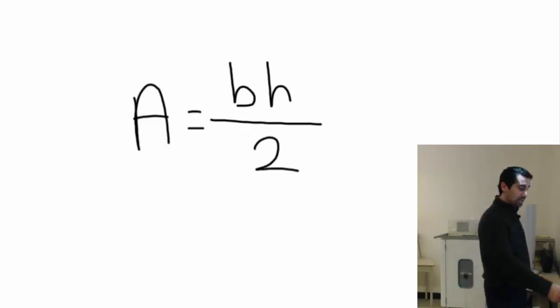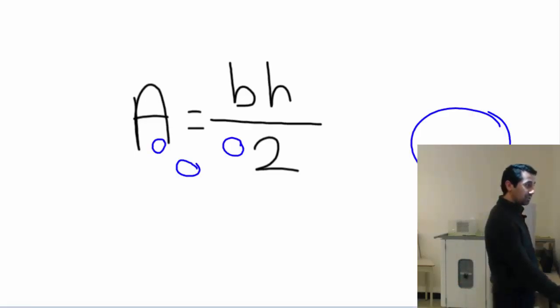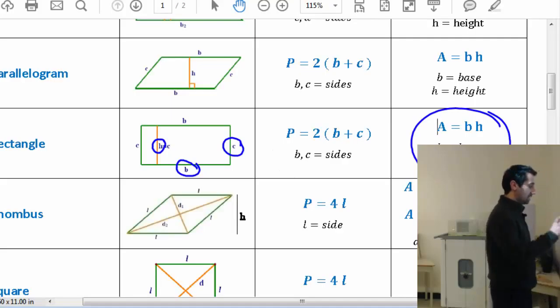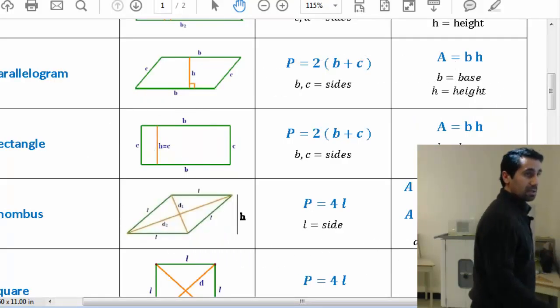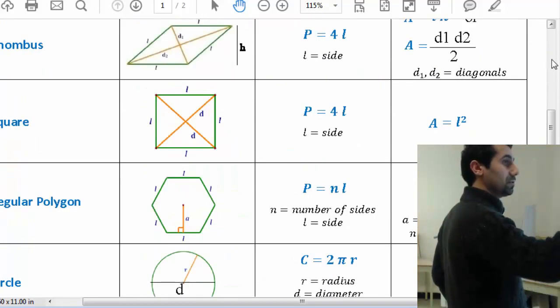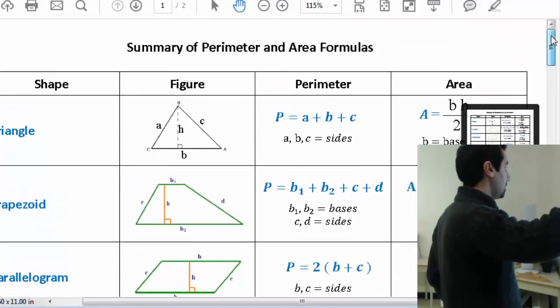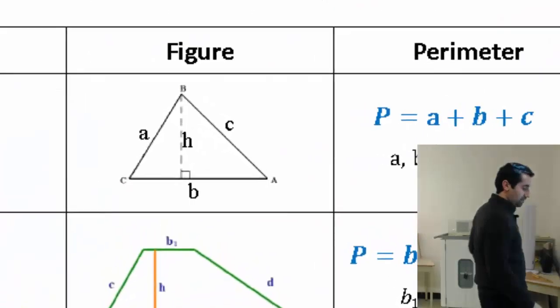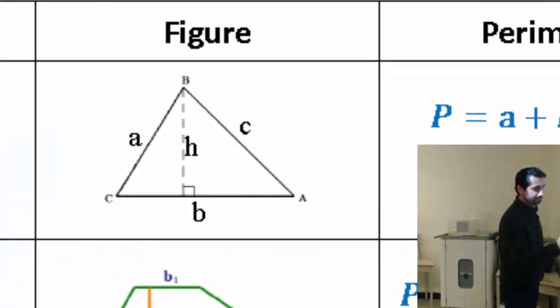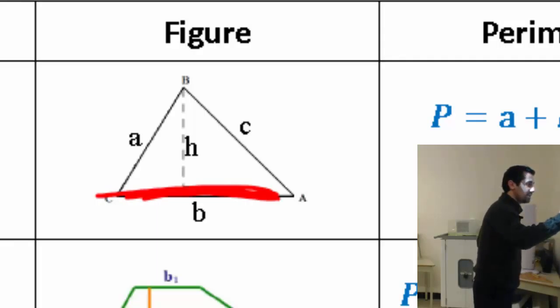And let's go ahead and look at the picture from the formula. So this is B, and this is the H, which is the height.